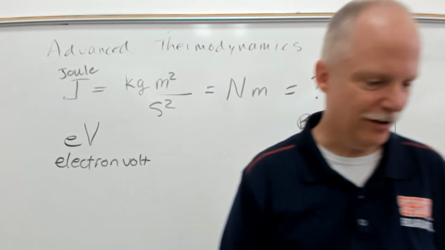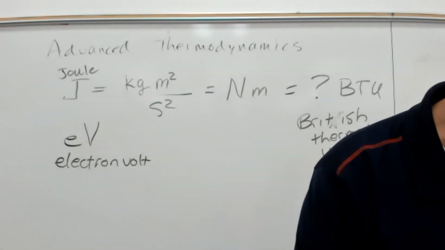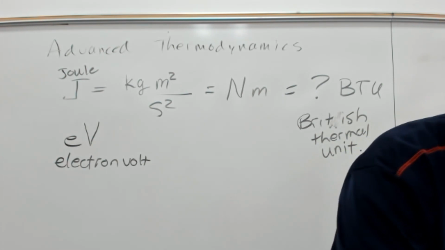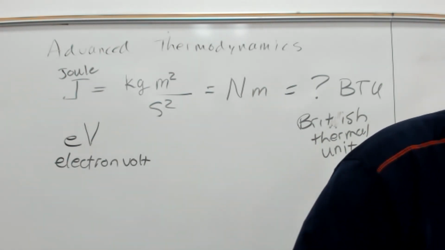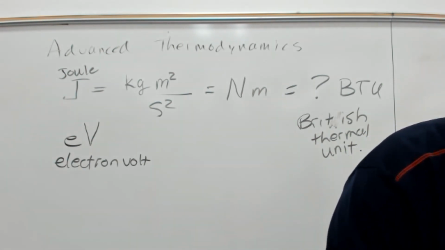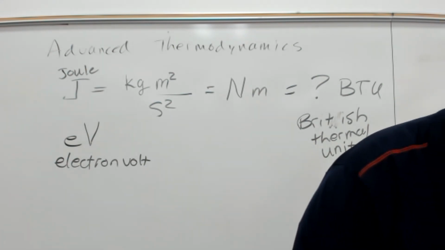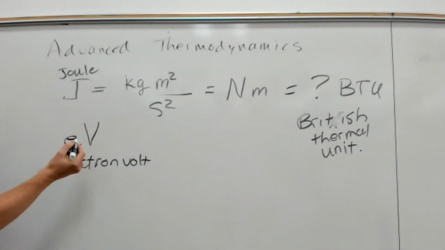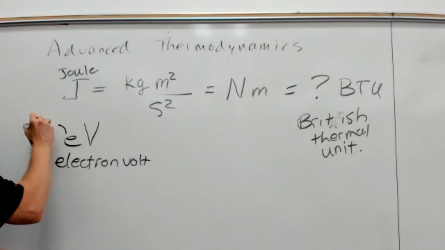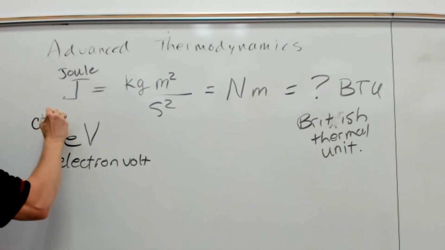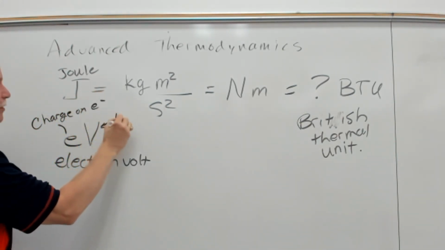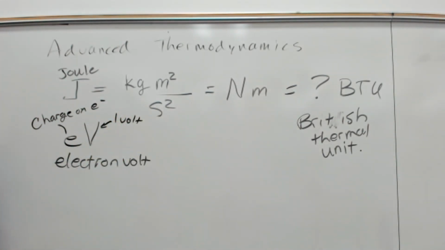Yeah, and so then you can convert that. I don't have the numbers, but essentially it's 1 volt. This EV looks like it might be a unit, but this is the charge on an electron, and this is 1 volt. And a volt is an electromotive force.